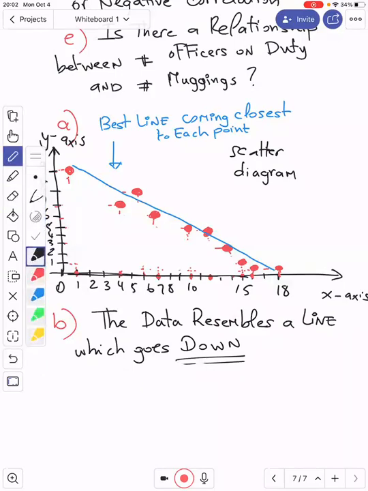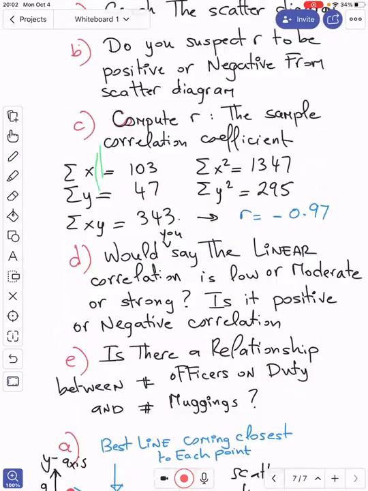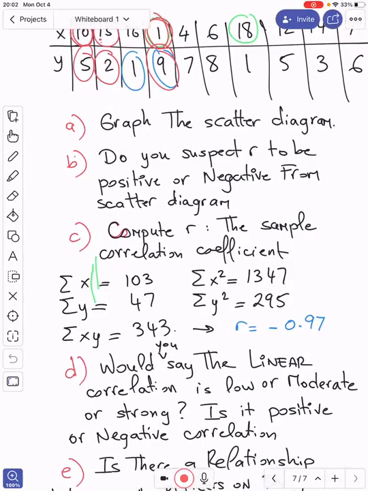We expect R to be negative. Okay, that's very good. So yeah, next. We're going to have a negative correlation, right?